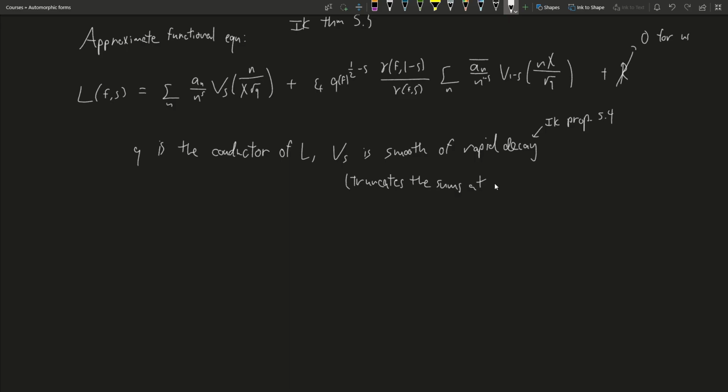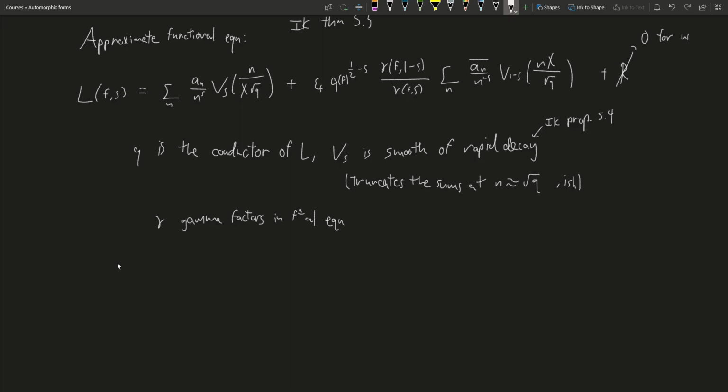So it truncates the sum at n about square root of q, roughly, close enough. And then here, gamma is the gamma factors in the functional equation. So you don't really have to worry about them too much.